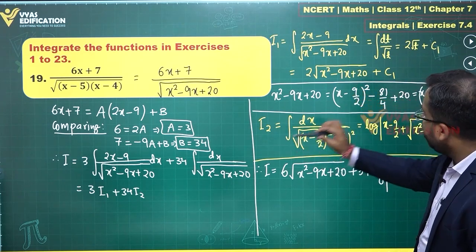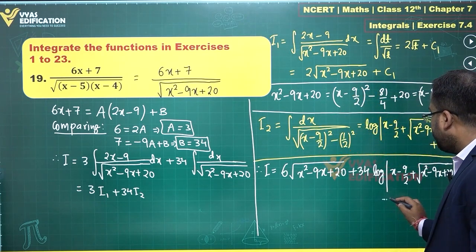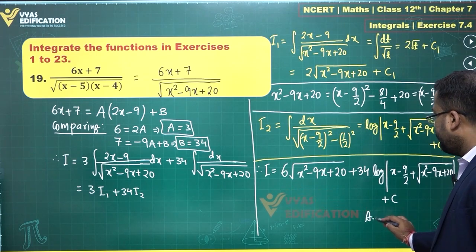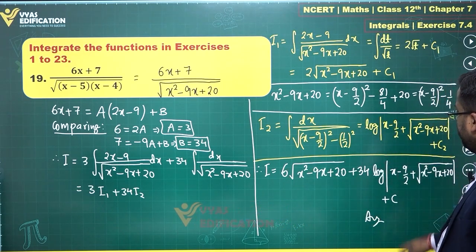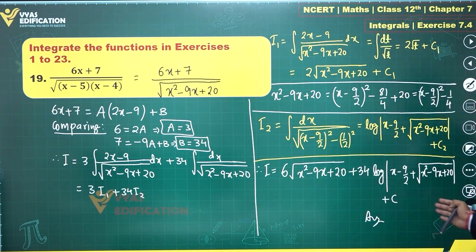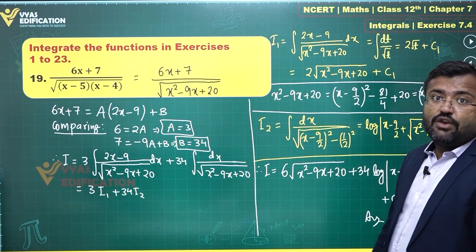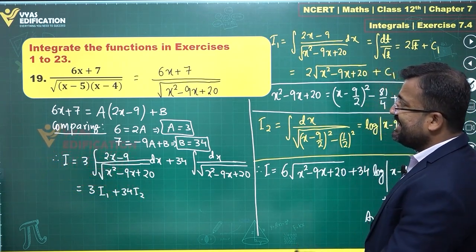I1 has constant C1, I2 has constant C2, they will combine together, 3C1 and 34C2, to give this C, and that's the final answer for this 19th question. That's all in this 19th question.